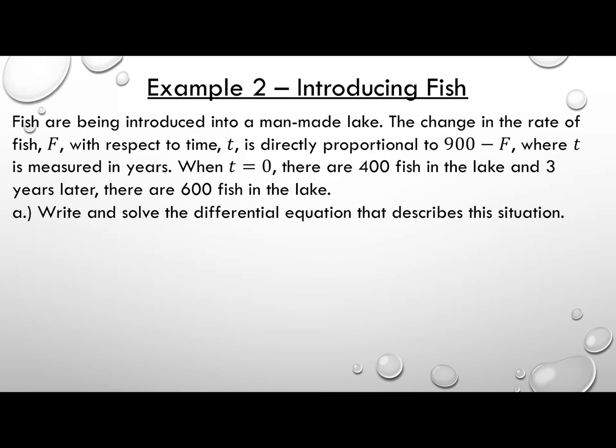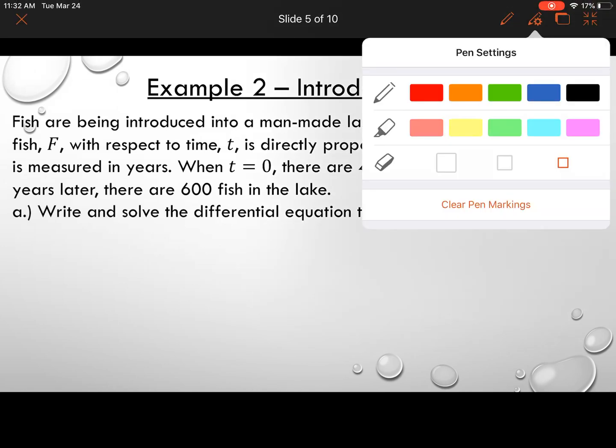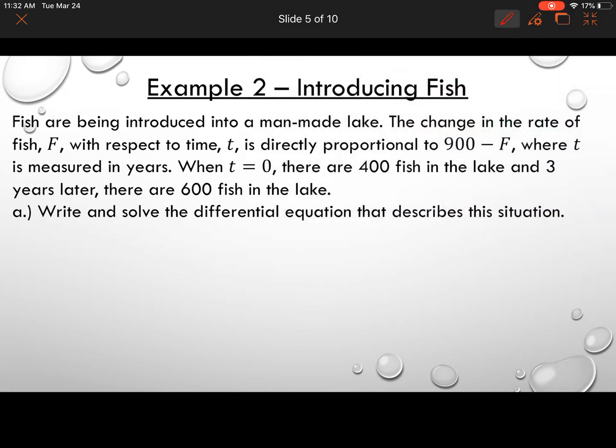So first, we have to find the differential equation. So we're trying to find that derivative equation, in other words. Well, we're told here that the rate of change of fish with respect to time is directly proportional to 900 minus f.